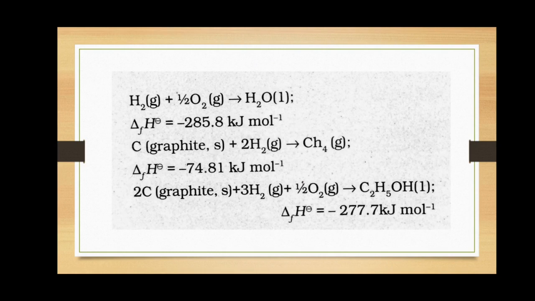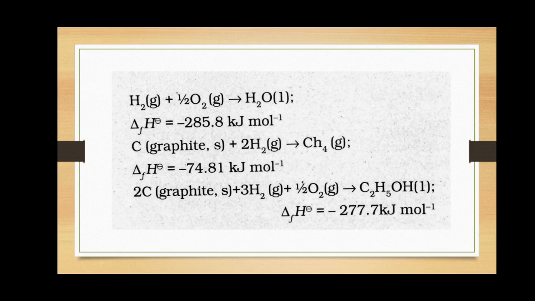One more reaction is given: 2C plus 3H2 plus half O2 gives C2H5OH. You can see all these products, that is water, methane CH4 and C2H5OH, are formed as only 1 mole. Their elements can be any number of moles, but the compounds formed are only 1 mole. So it is written as standard enthalpy of formation.